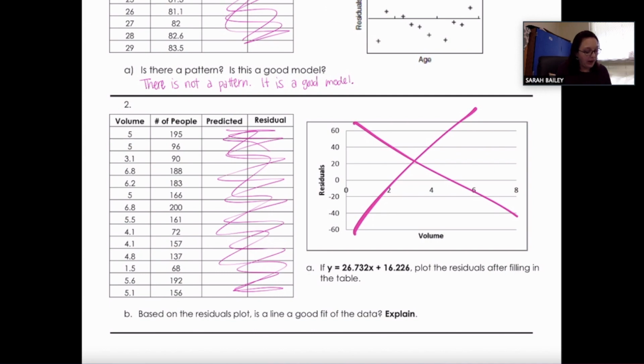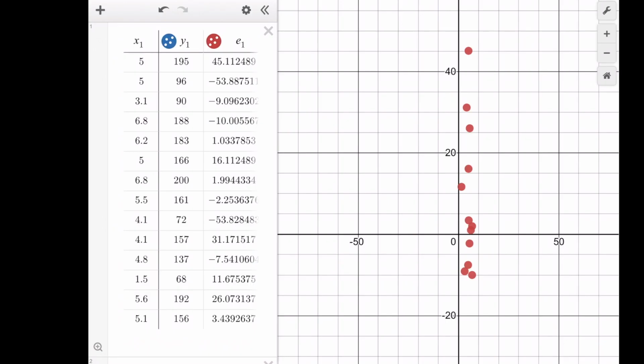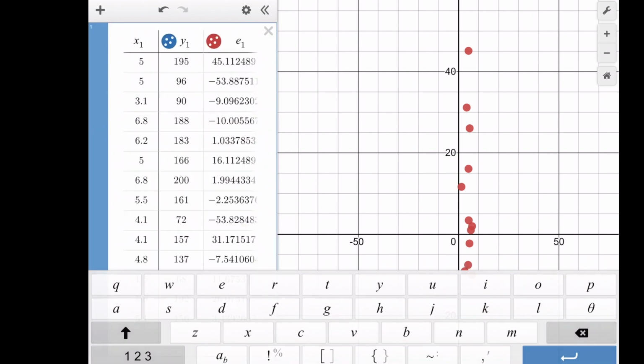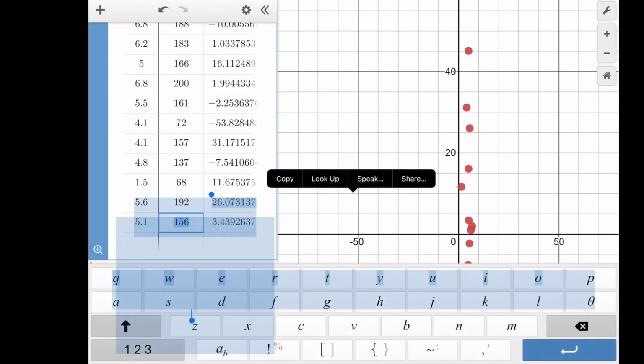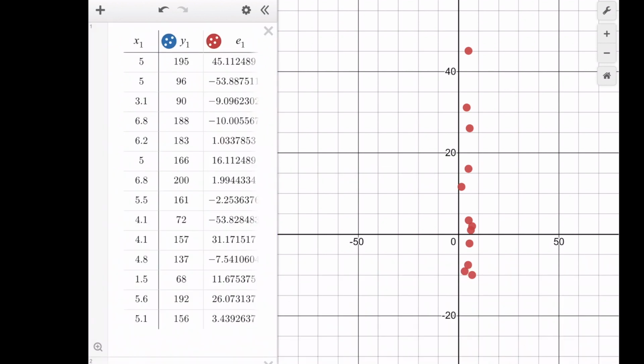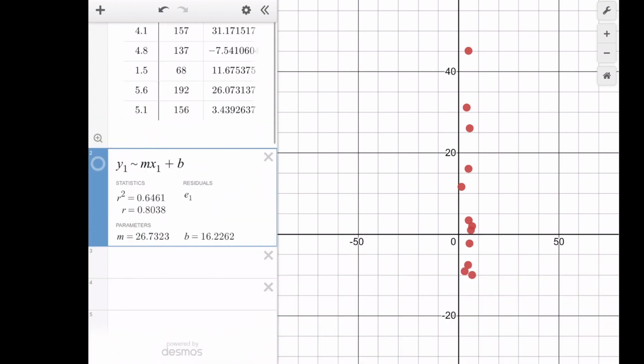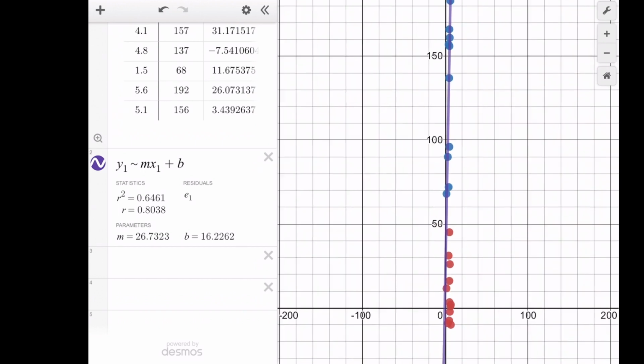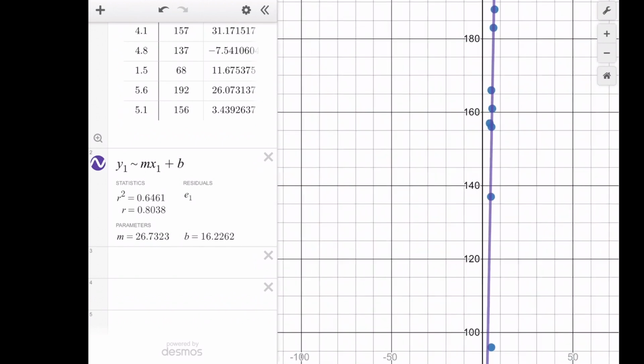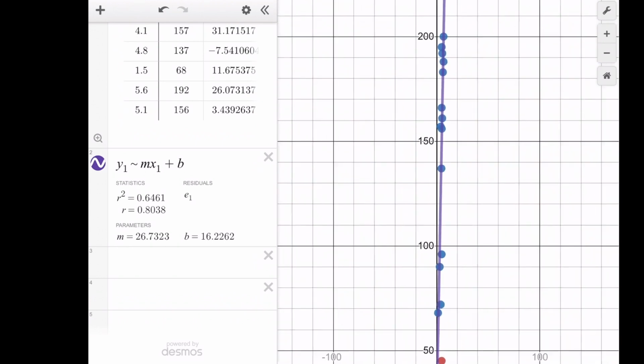And if you go back and look, I'm going to plot the blue points along with my equation for the line of best fit.